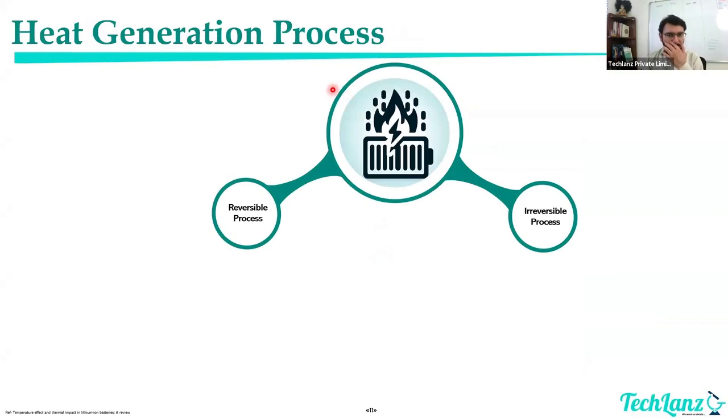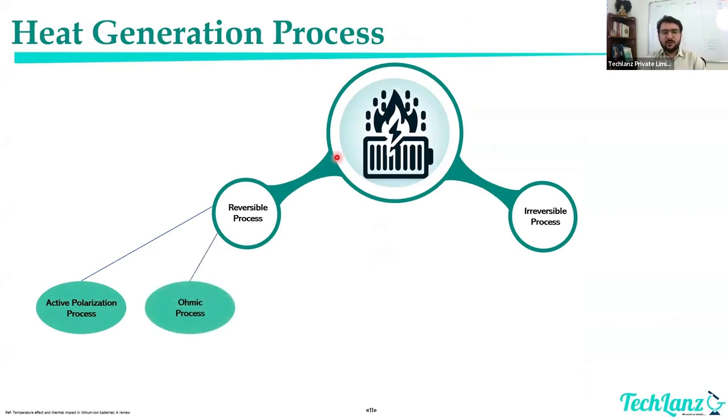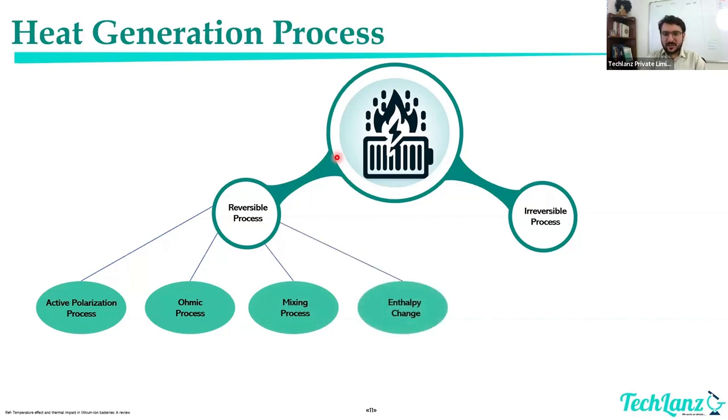Okay. So there are two things because of which the heat generation happens. One is a reversible process. Second thing is an irreversible process, right? Now, the irreversible process is divided into four further parts: active polarization process, ohmic losses, mixing process, and enthalpy change. Okay, so this is slightly wrong.